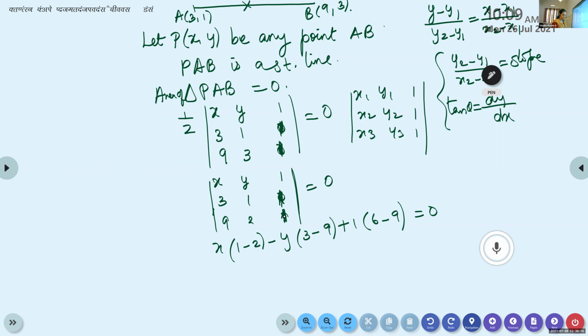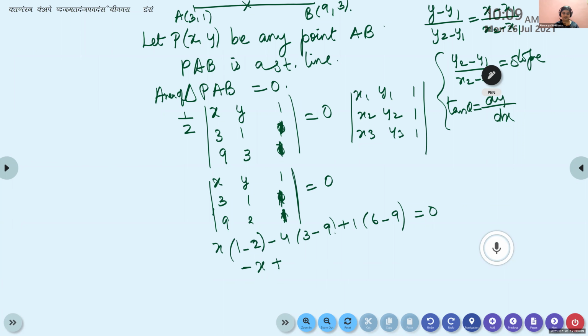Okay, what is the answer? What is the equation? Yes, Aishwarya. Otherwise you can simplify this. When you simplify it, what answer did you get?